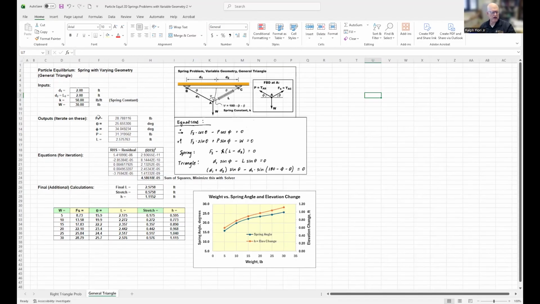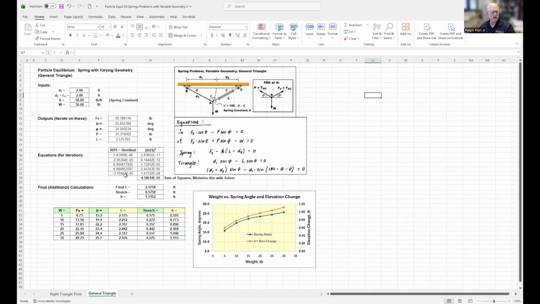So I'm iterating on F, the spring force, theta, phi, P, and L. And these residuals are basically the right-hand sides of these equations. When you have all of these correct, this right-hand side should be exactly 0.